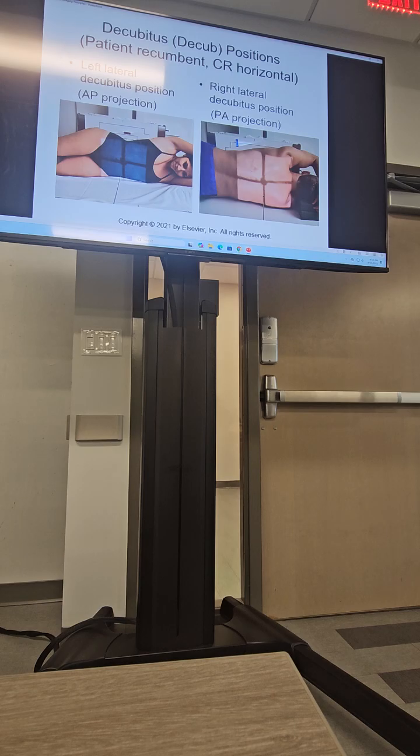Oblique positions, when it comes to the body, usually no. It's only for extremities. We don't do decubitus oblique. Decubitus is a special use where usually the patient is either on the side or on the back.